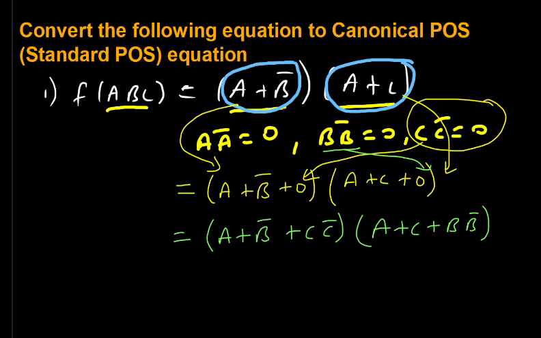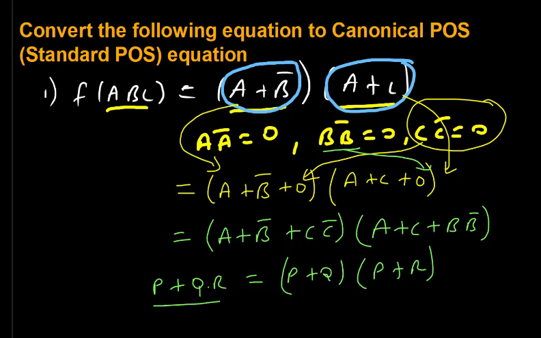Now we use a property of Boolean algebra. Let me not take A, we will take P, Q, R. P or Q dot R is equal to P or Q and P or R. In the same way here, instead of P we have A or B bar, instead of Q we have C, and instead of R we have C bar.